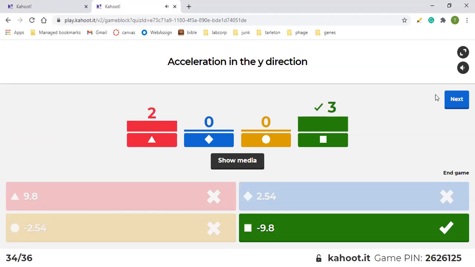So acceleration in the y direction is negative 9.8 meters per second squared. Another constant I'd probably put down just because once you learn it enough times, you don't have to memorize it, because it's ingrained in your head.